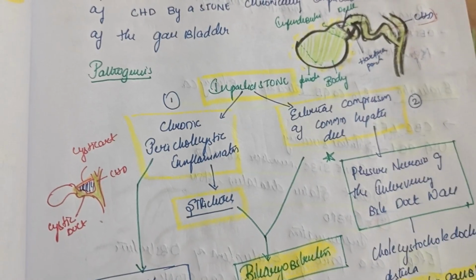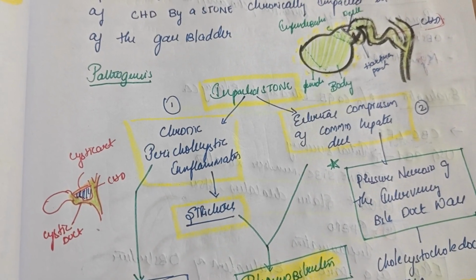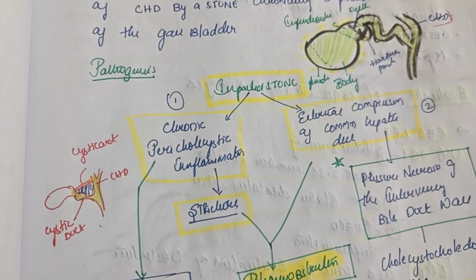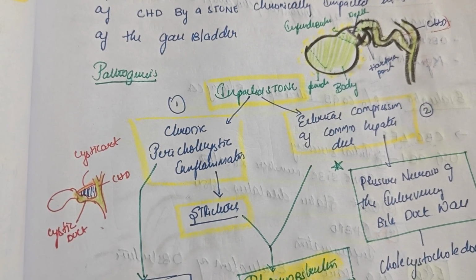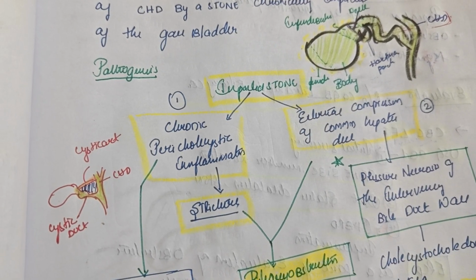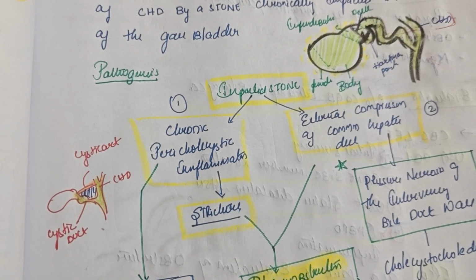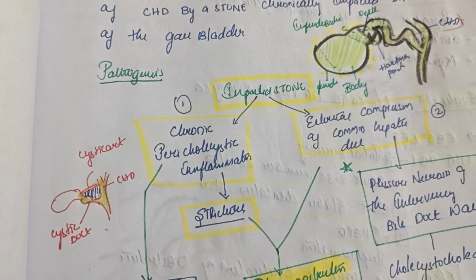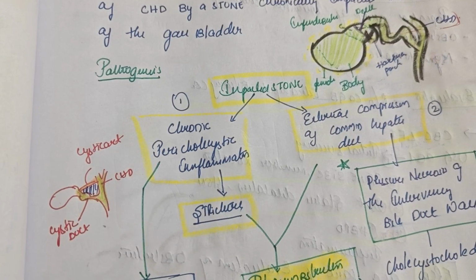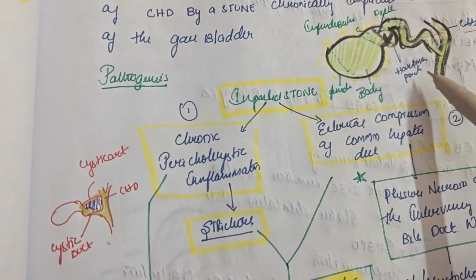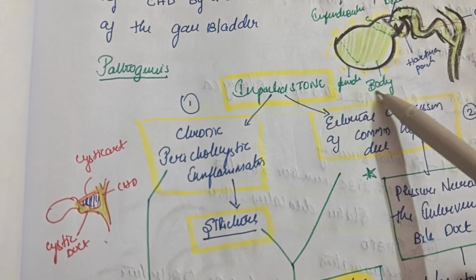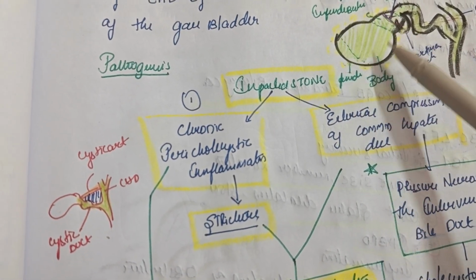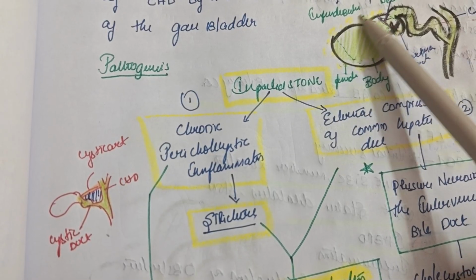The stone trapped in Hartmann's pouch between the neck and the cystic duct blocks the bile. The bile present in the gallbladder is not passing into the cystic duct and later into the common hepatic duct. There is an accumulation in the gallbladder. So there is chronic inflammation around the gallbladder, and this is chronic pericholecystic inflammation.